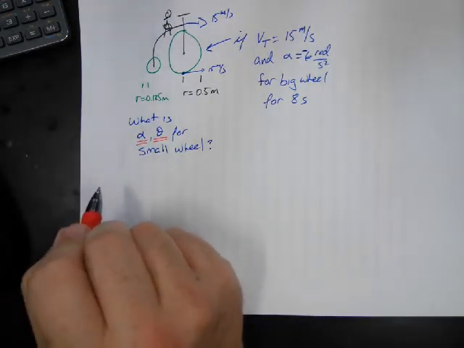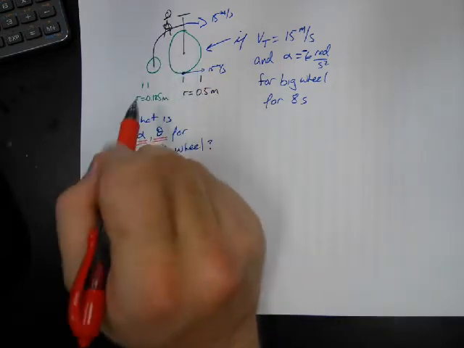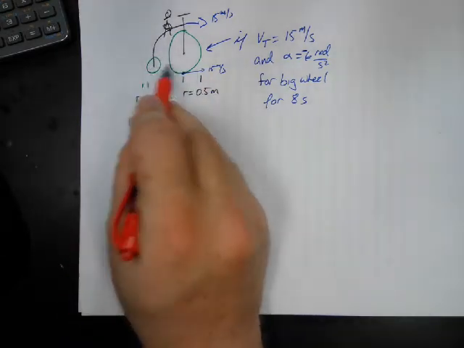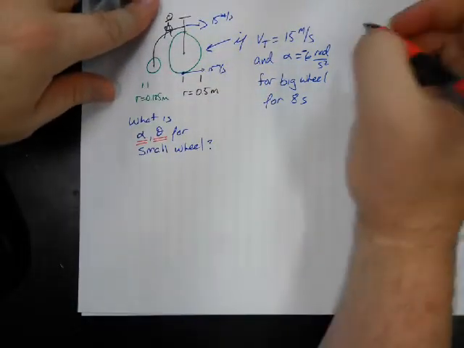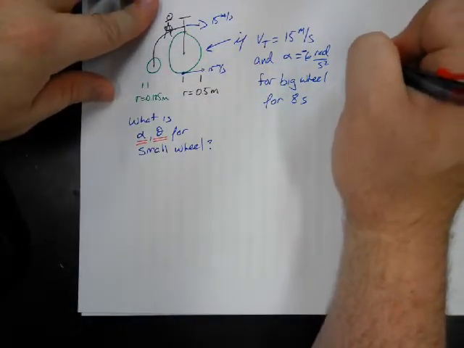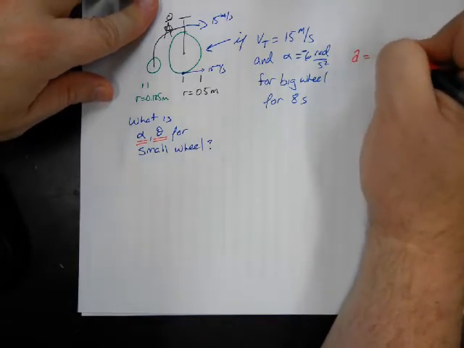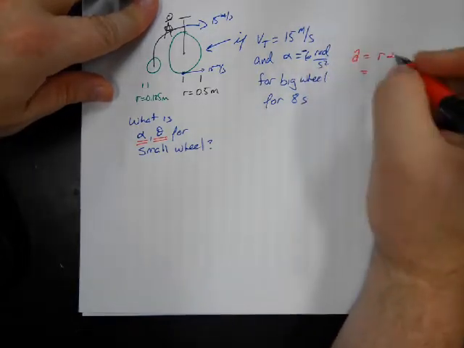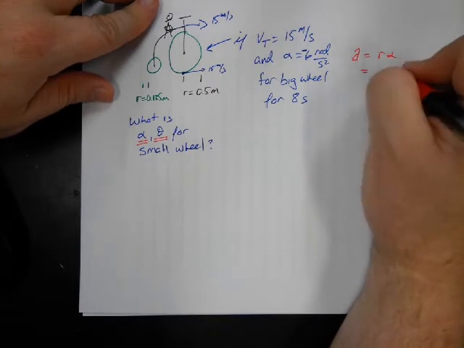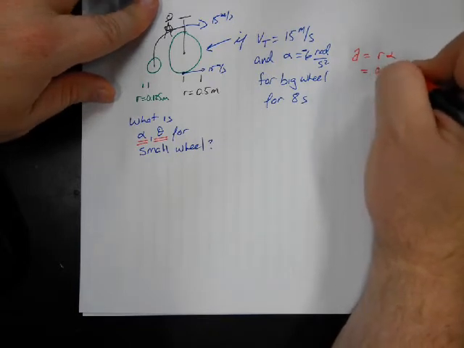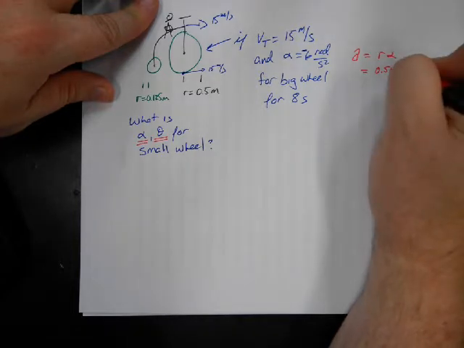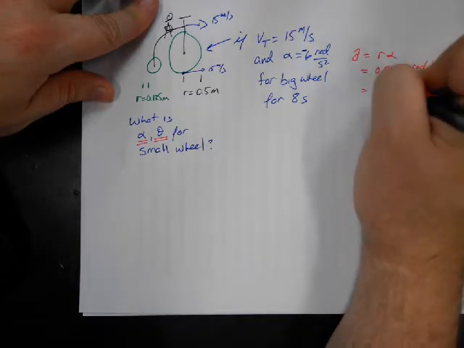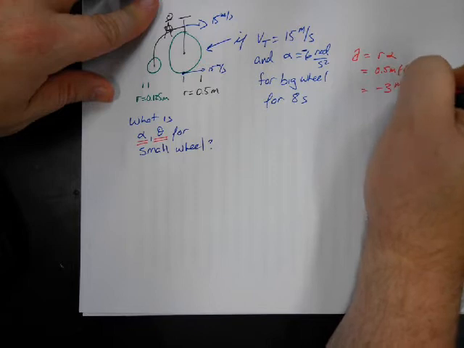All right, so both wheels have to accelerate at the same time because they're fixed together. They're part of the same bike. So we can find out the actual acceleration as R alpha for the big wheel. And so it is 0.5 meters times 6 radians per second squared, with a minus sign, is minus 3 meters per second squared.